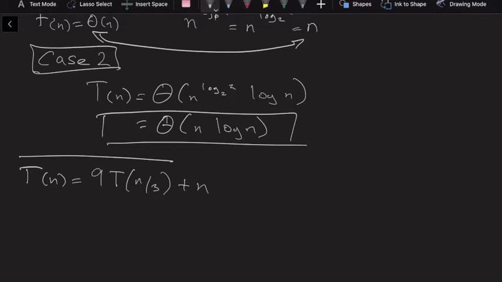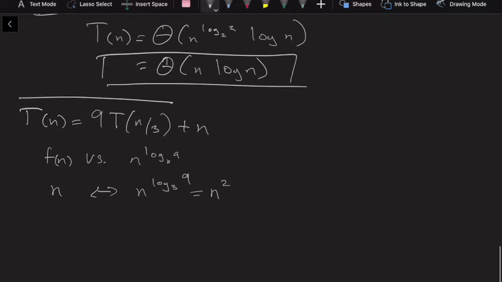Again, we care about f of n versus n to the log base b of a. Now f of n in this case is n, and we're going to compare it to n to the log base 3 of 9, which is n squared, because the log base 3 of 9 is 2.